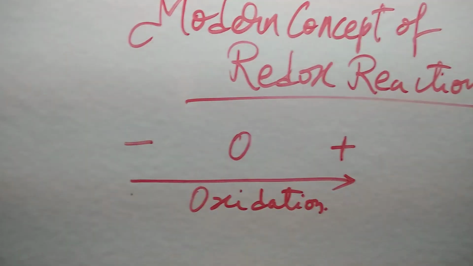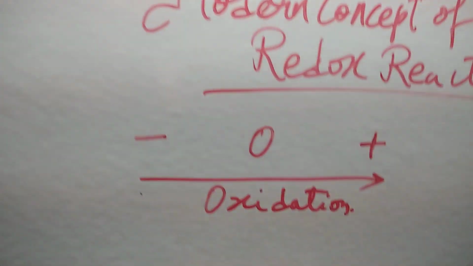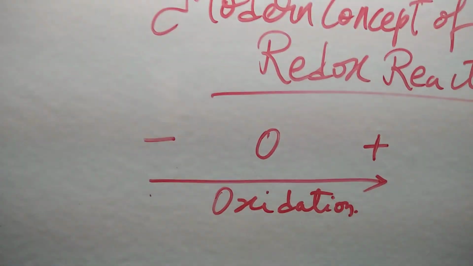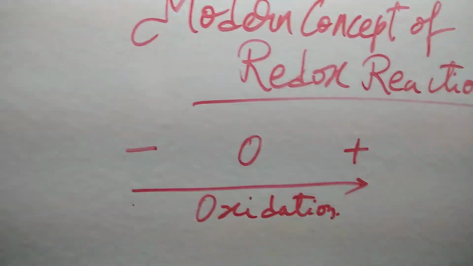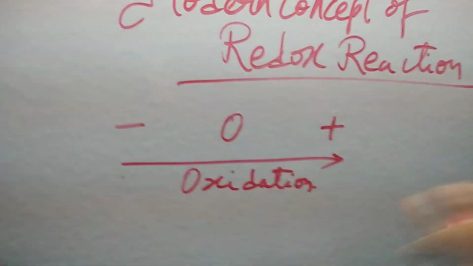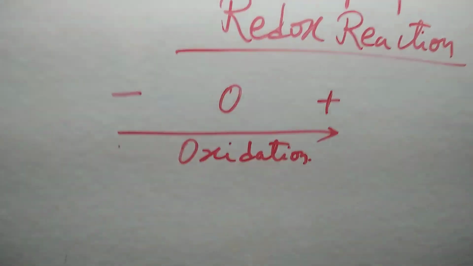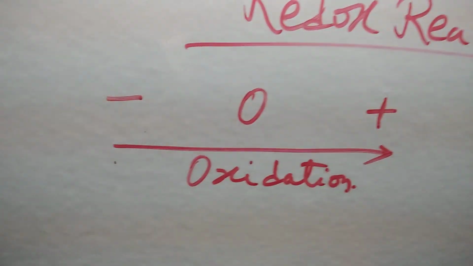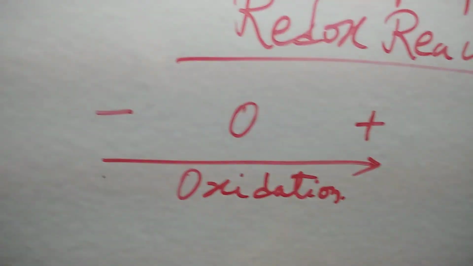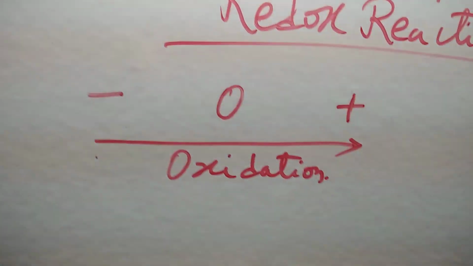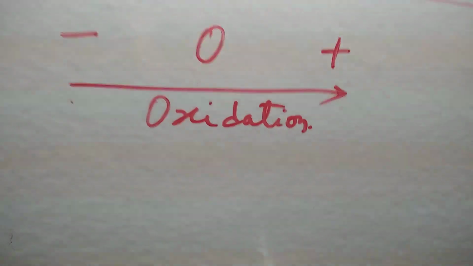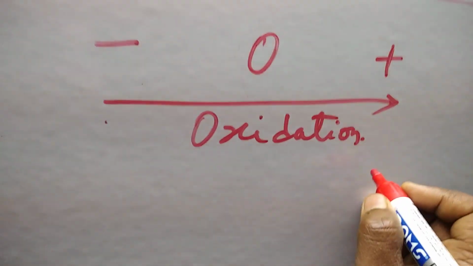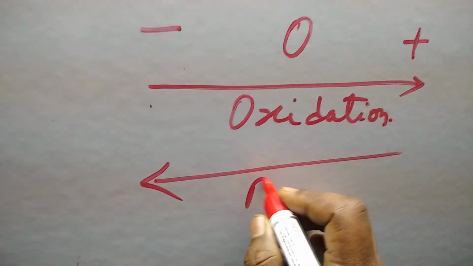If in the reactant side it is like this, it is -2. Let it take -3, -4. Okay, -4. And in the product side it is -1. That means it is increasing, -4 to -1. That means it is oxidation. Okay, and if it is opposite, it will be reduction.